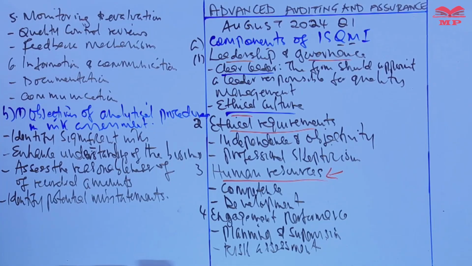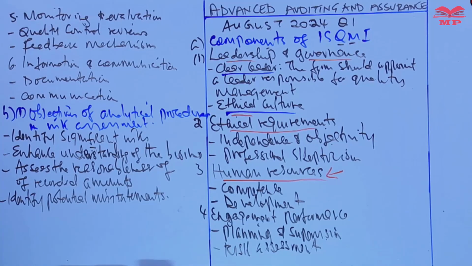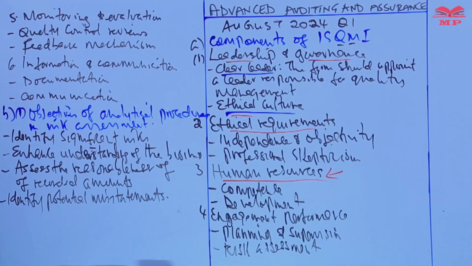They can help auditors to identify potential misstatements in the financial statements because by comparing the unexpected fluctuations or trends, auditors can investigate further to determine whether there are underlying errors or misstatements.